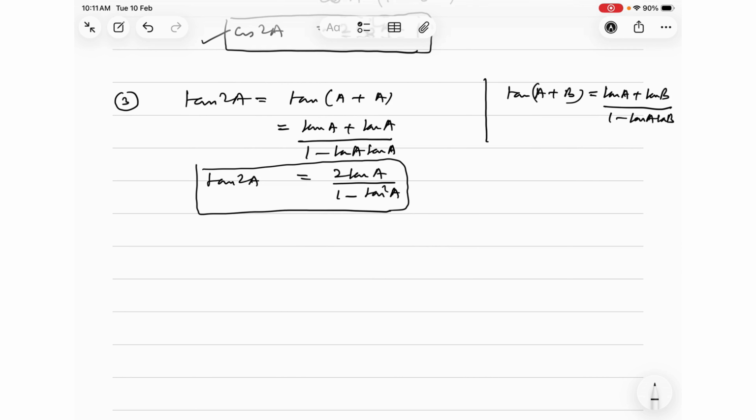Now one very important note point, let us try to write here.